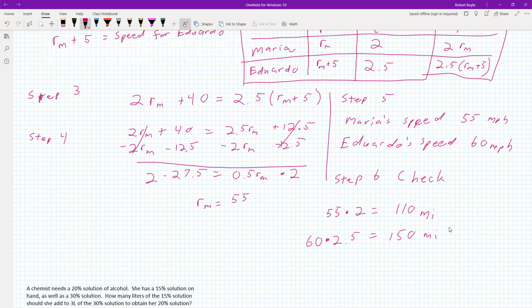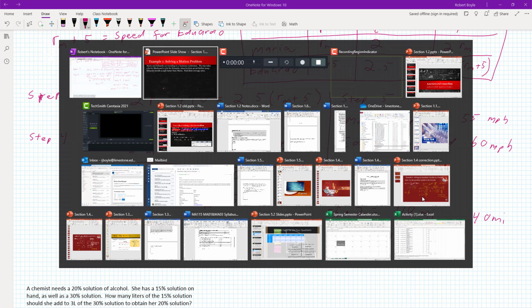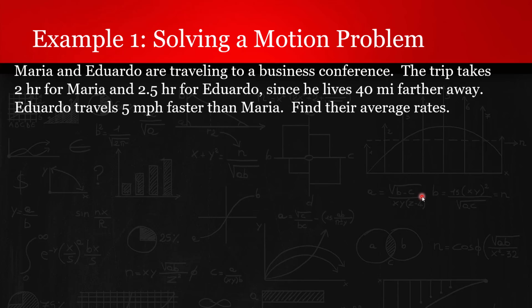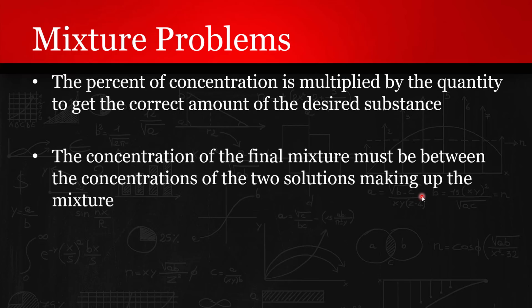The difference between these two distances is 40 miles. So this does indeed check out. Okay, so that's pretty much how you would do a class of motion problems. The next class of problems you will encounter are mixture problems.